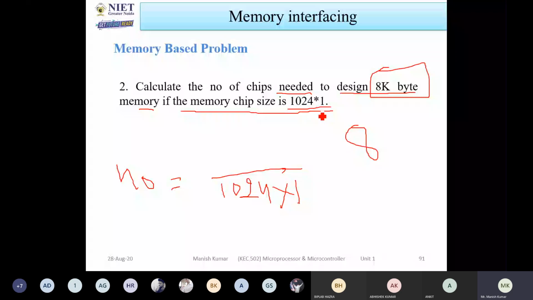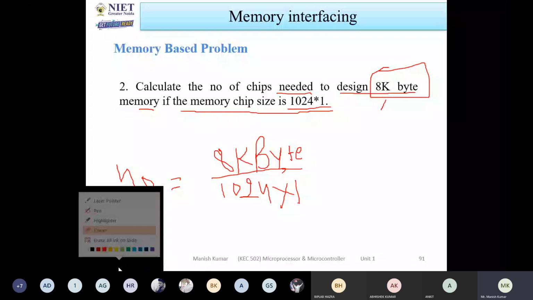So we can write 8 kilobyte. इतना क्लियर है? यस सर। ठीक है.